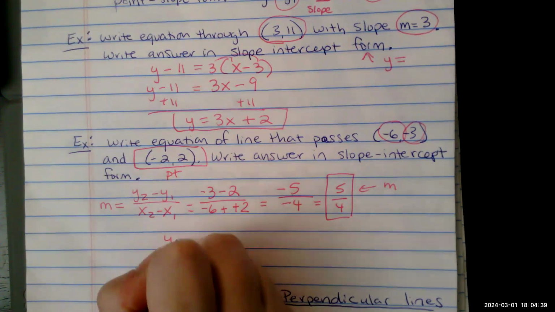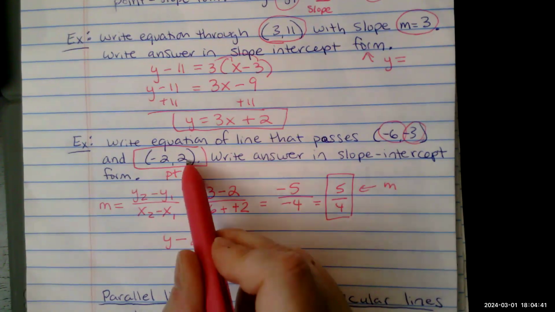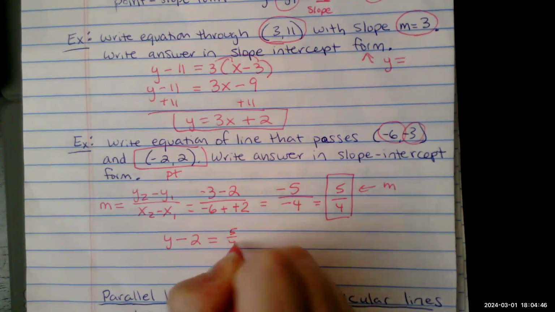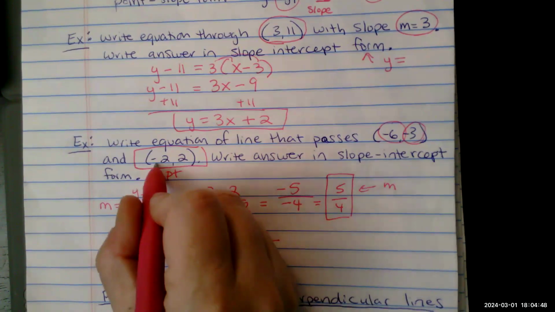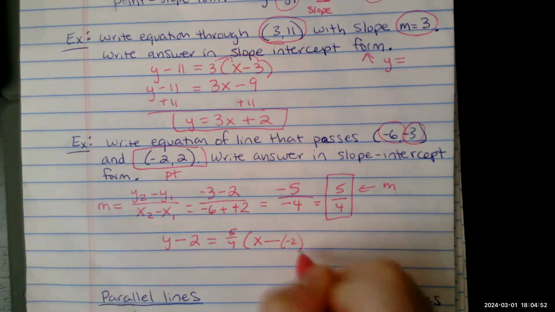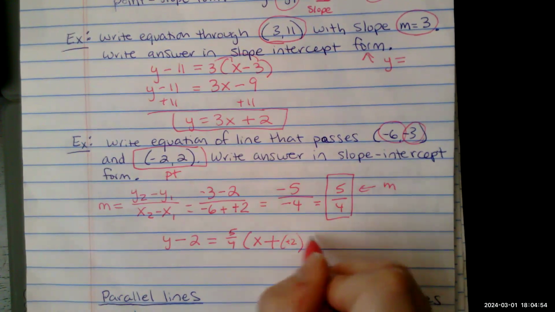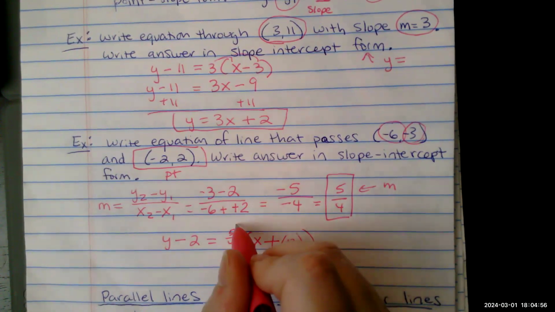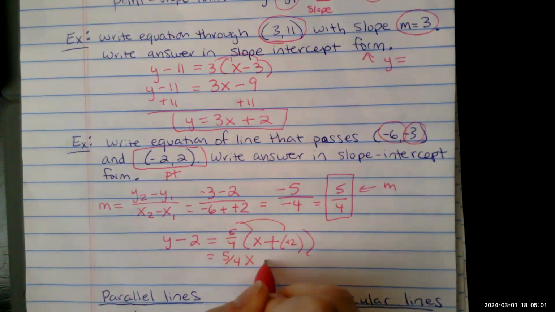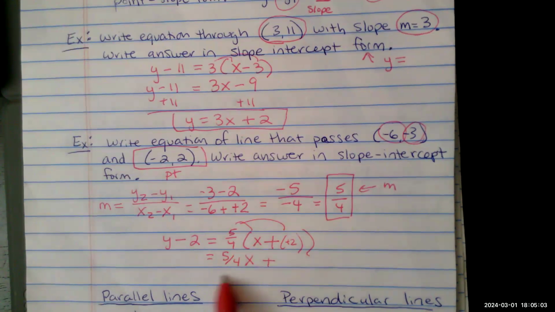So y minus the y in my point, so 2, equals the slope, x minus my x, so that would be x minus -2. So I'm just going to change that to plus right now. So same idea, I'm going to distribute.